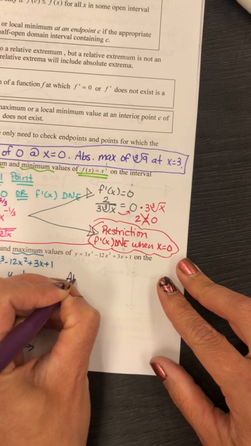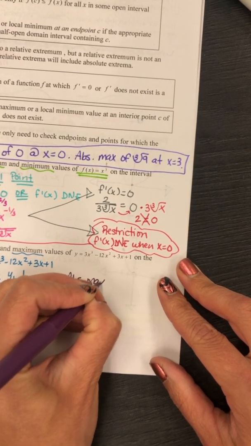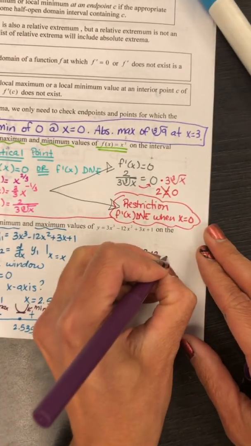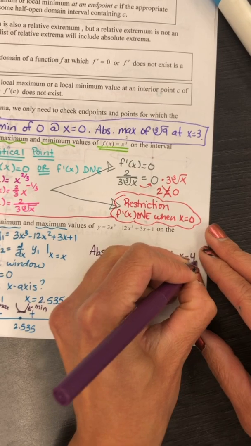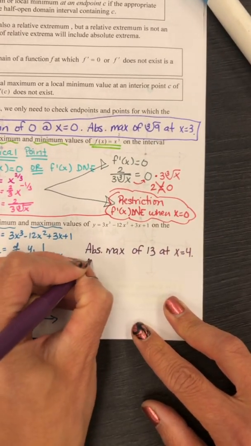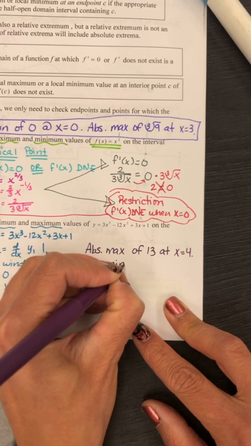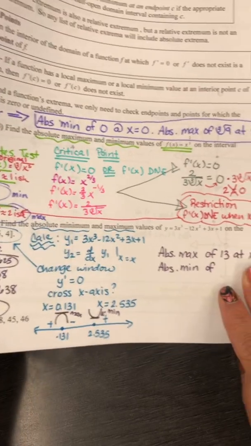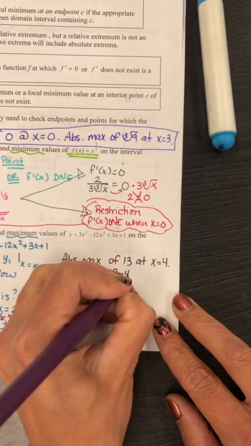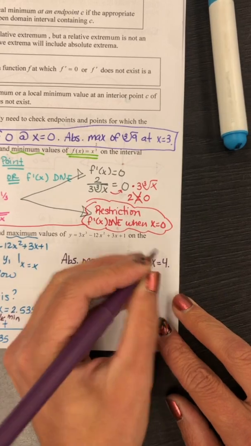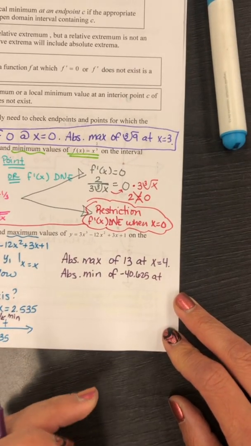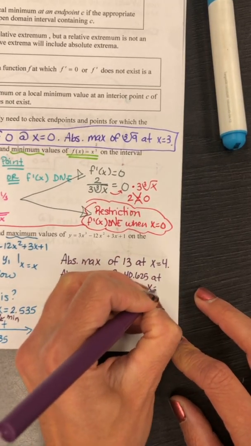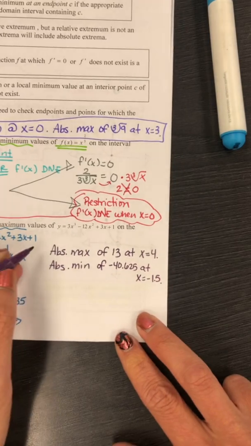We have an absolute max of 13 at x equals 4. We had an absolute min of negative 40.625 at, what was that, x equals negative 1.5. And that's the answer.